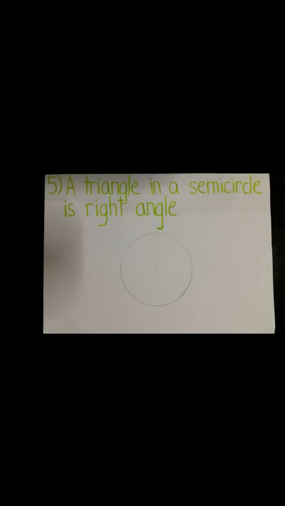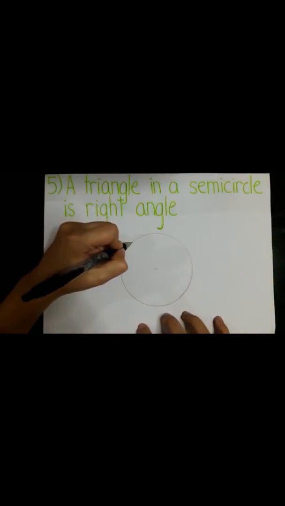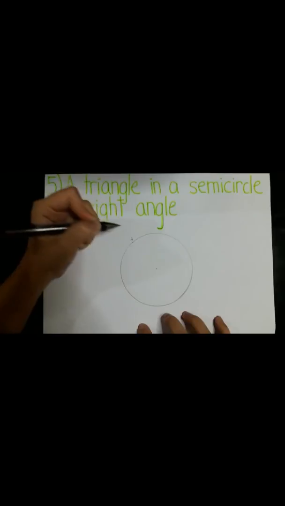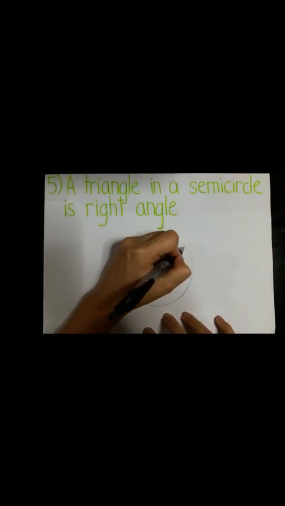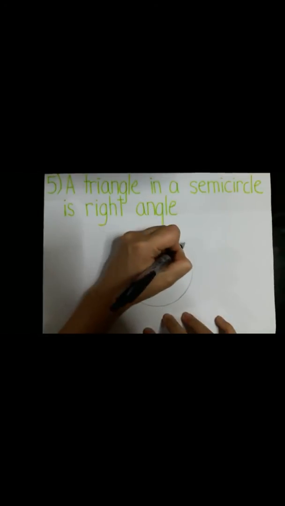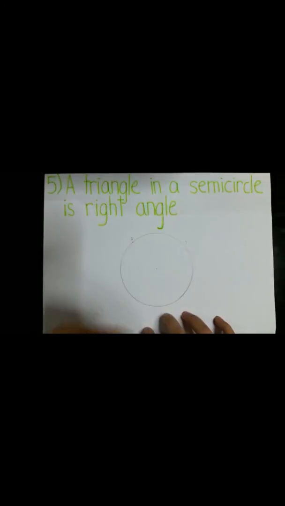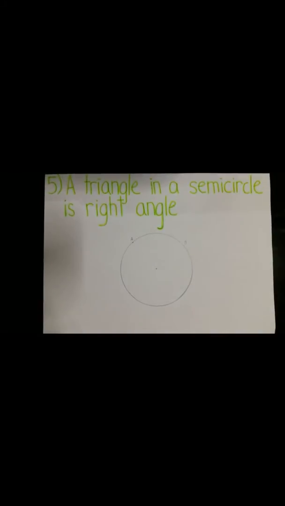The last and final theorem says a triangle in a semicircle is a right angle. We have a circle. Okay, and then we have point A, and point B. And now I'm going to form the right angles.